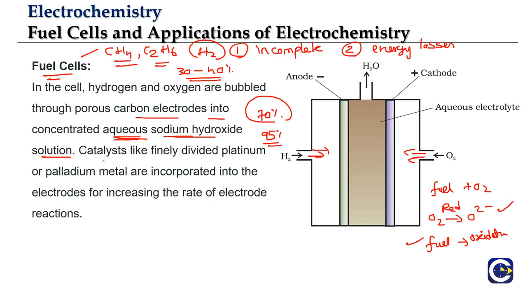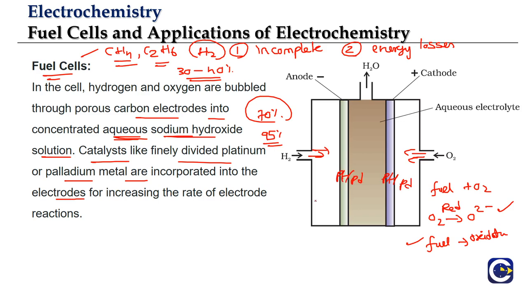Catalysts like platinum and palladium metals are used in the electrodes to enhance the rate of the electrode reaction.